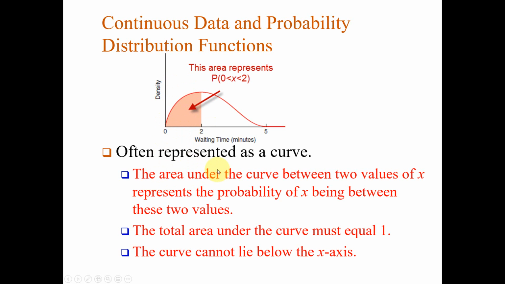The area under the curve between two values represents the probability. We talked about that on the previous slide. The total area under this curve that I'm highlighting here has to be 1, and the curve cannot lie below the x-axis. You see it comes straight to the x-axis.